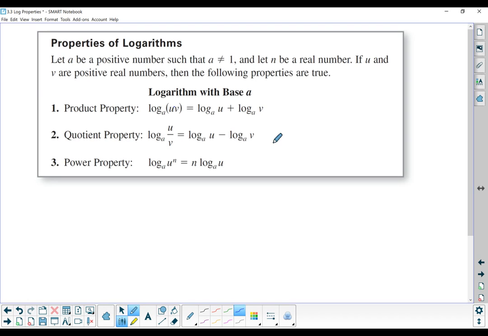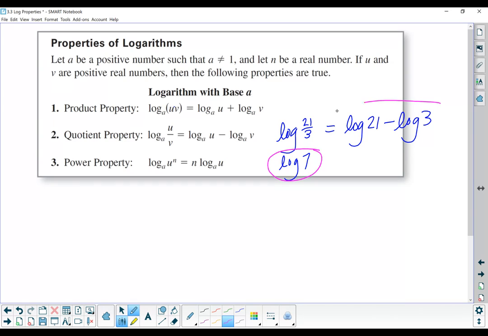If you wanted to verify that that works with your calculator, you could think about the log of 21 divided by 3. So 21 divided by 3 is 7. And using the quotient rule, that should be log 21 minus log 3. So let's check in your calculator to make sure those two things are the same.